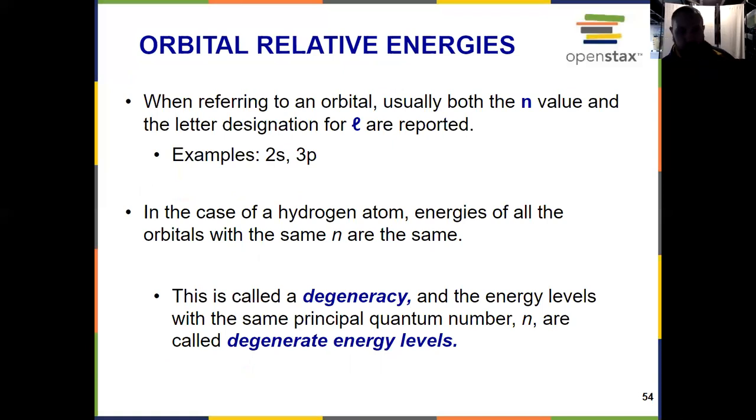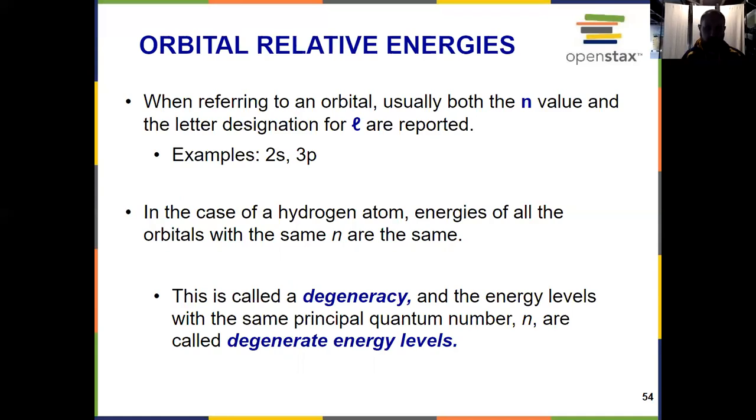If I'm quickly referring to an orbital, I don't need to worry as much about the magnetic quantum number because I'm just thinking about all of them simultaneously. That subshell I referred to before encompasses all of the different directions.